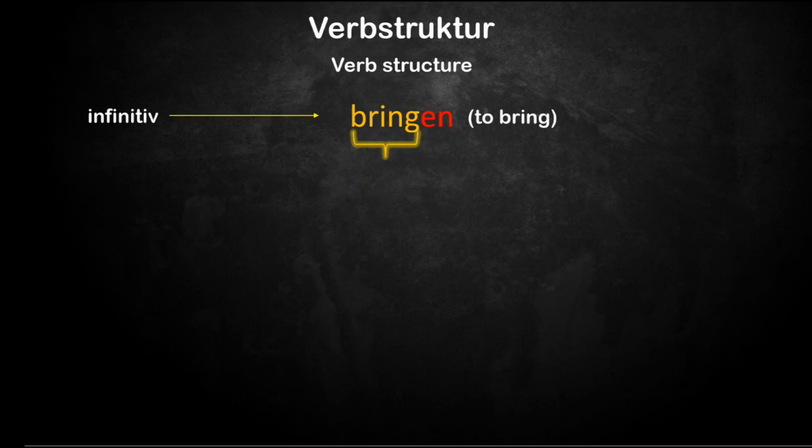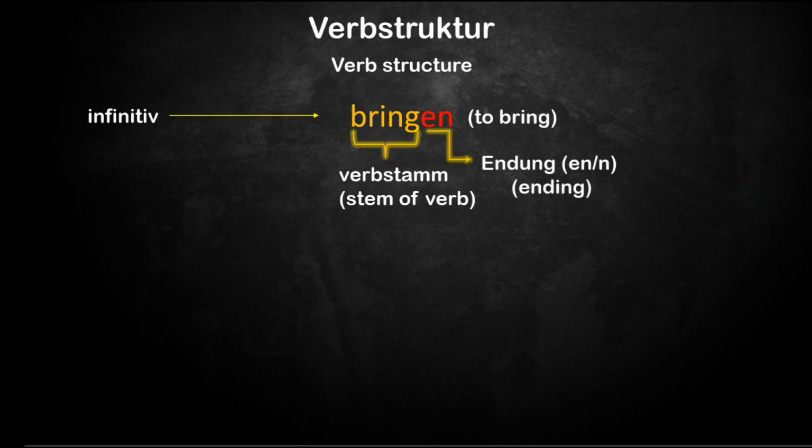The first one is bring and the second is en, the ending. The bring part we can say is the verb stem, or you can say the root of the verb, and the other part is the ending, or Endung, which will always be en or n. So now you know the structure of the verb.